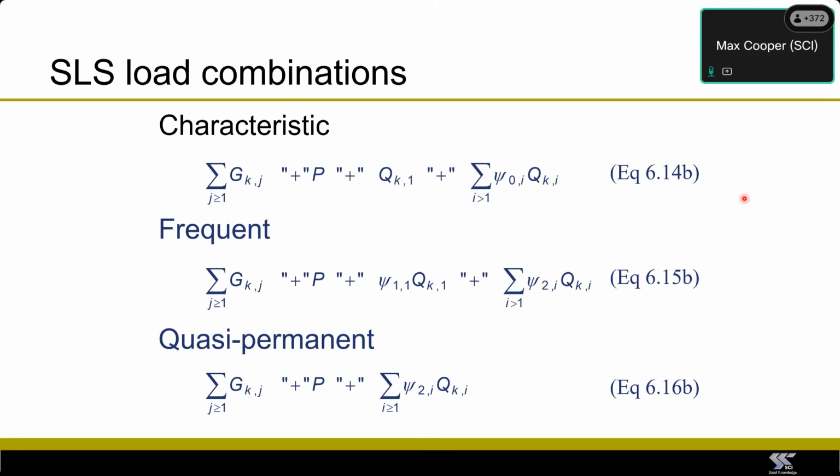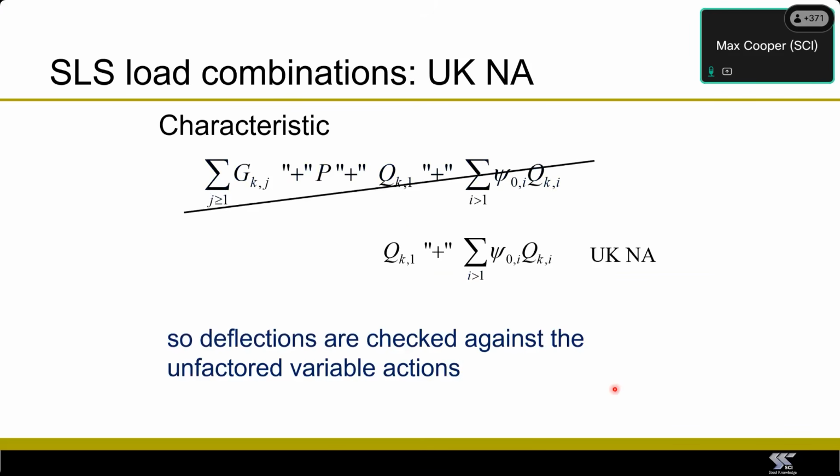So here we have the various SLS combinations. Again, we're told we need to use the characteristic, which is this top one. But if we make these modifications as required by the UK National Annex, we see that actually it's just the combination of the leading variable action at its full value, and then the accompanying variable actions at their combination value.